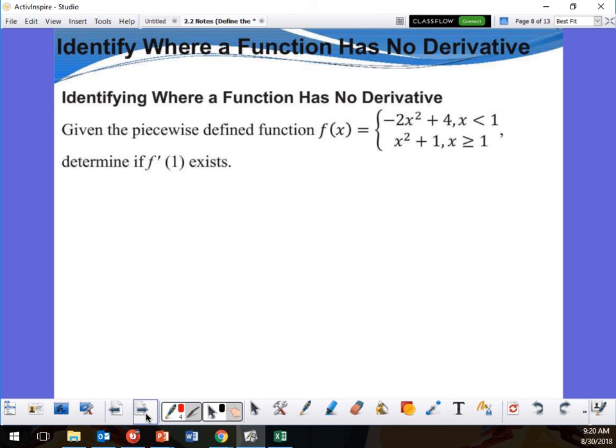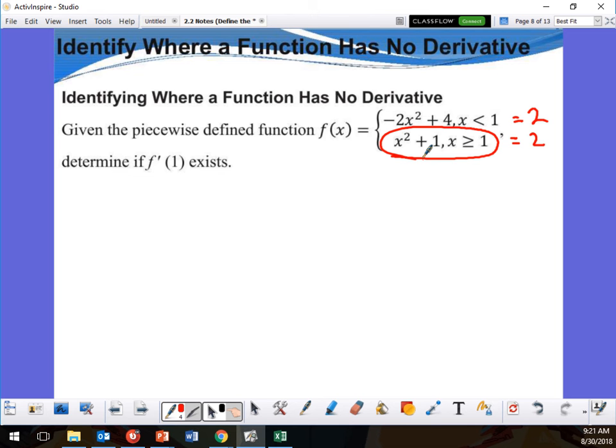If I plug in 1, I get negative 2 plus 4, which is 2. Very good. So if I plug in 1 down here, I get 2. So the limit exists, so they both go to the same thing. So it would be equal to this side, so I know that it is continuous there.